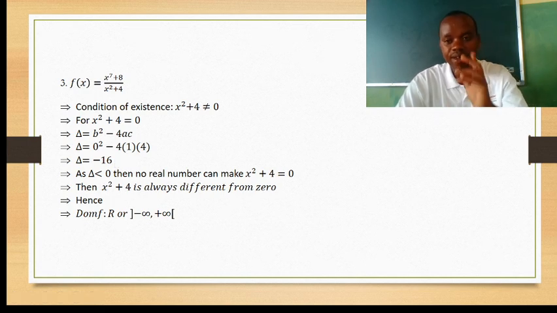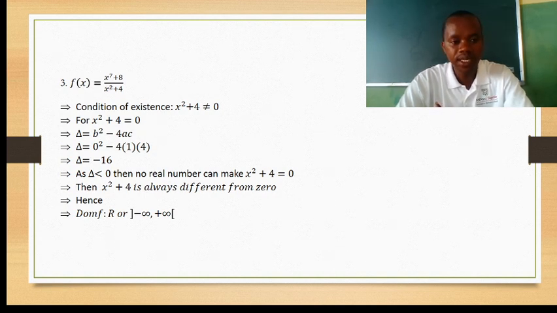And remember, when we were dealing with solving quadratic equations using the quadratic formula, which is the delta or determinant, we have seen that when the determinant is less than 0, or when it is a negative number, we say that there is no real root or no real solution.